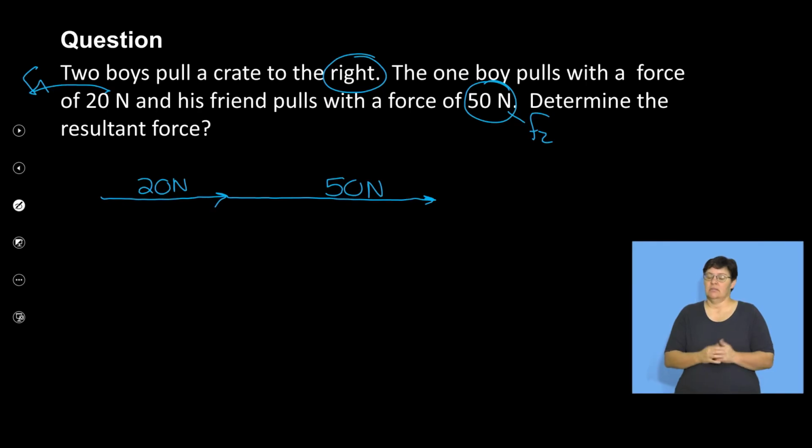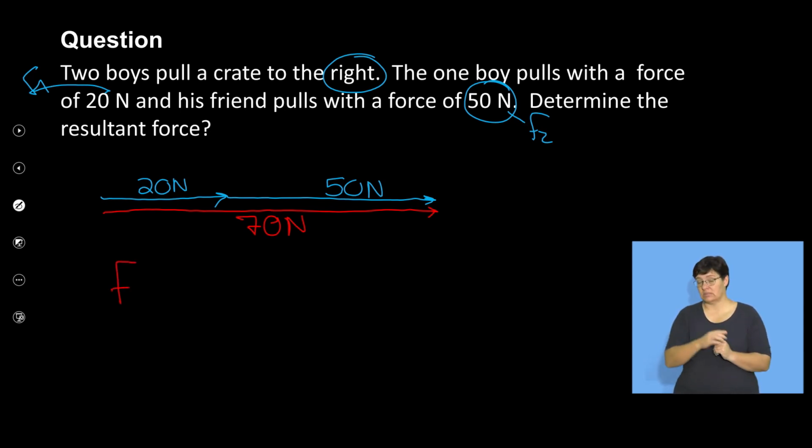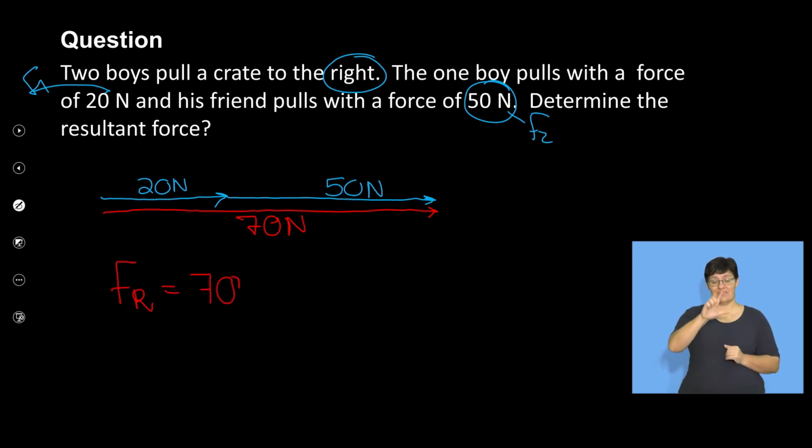So here's the beginning of my first one. Oopsie, it goes all the way to there, and we would then measure it, and it gives me 70. But I need to write down what the resultant is. So I say my resultant force is 70 newtons right.